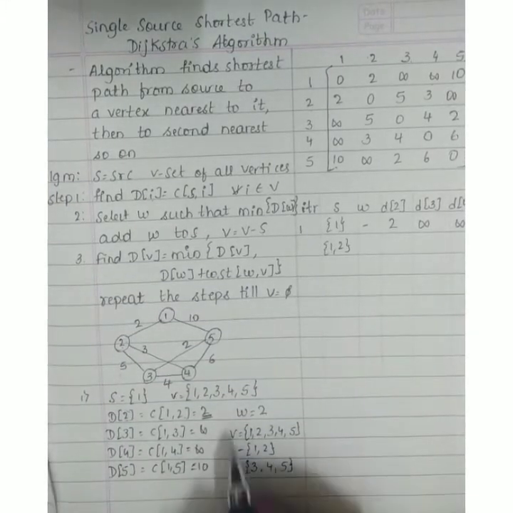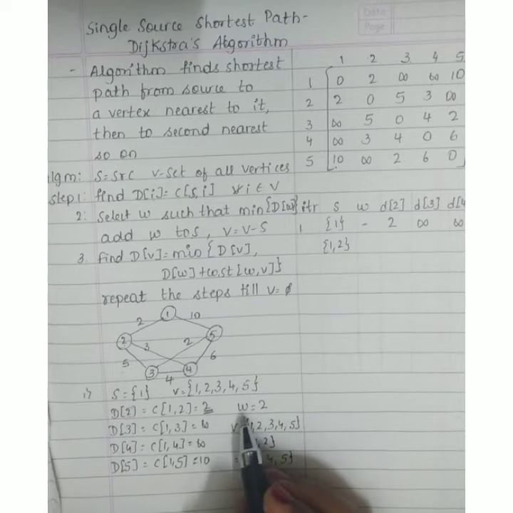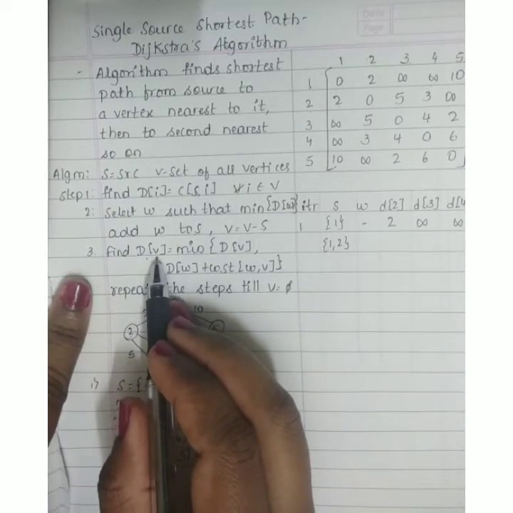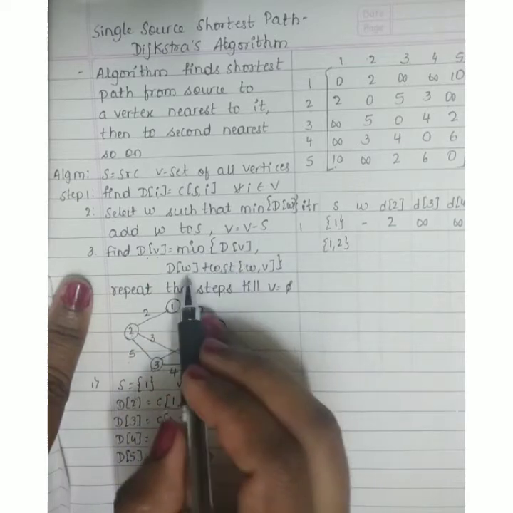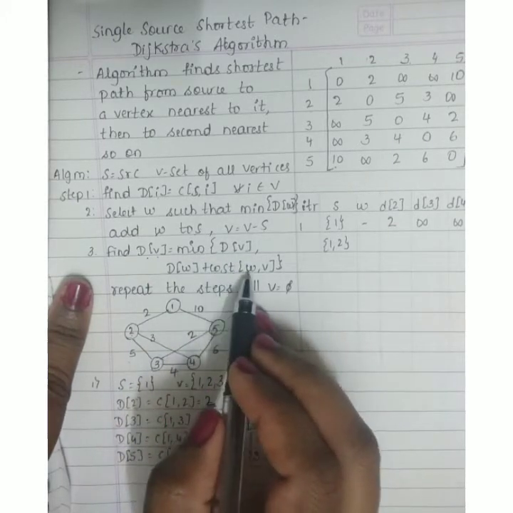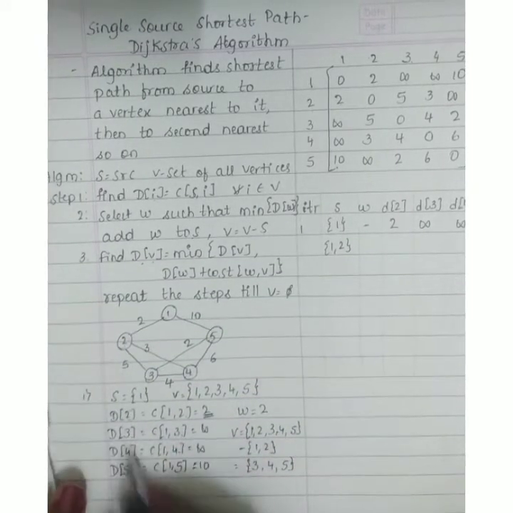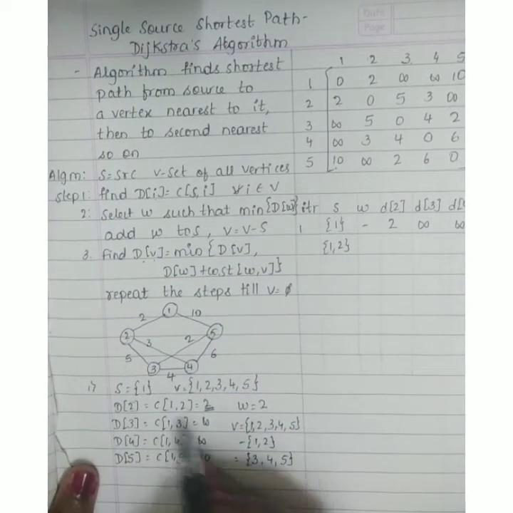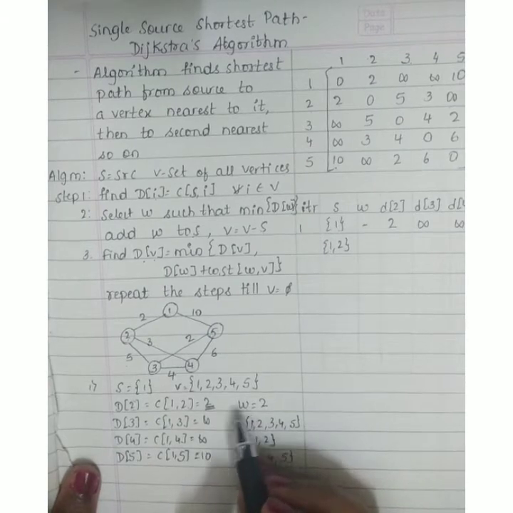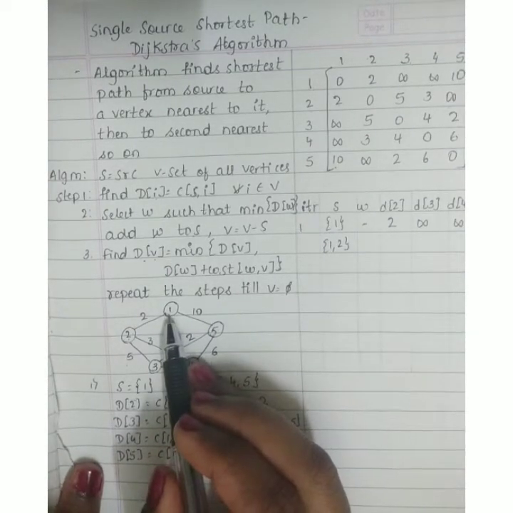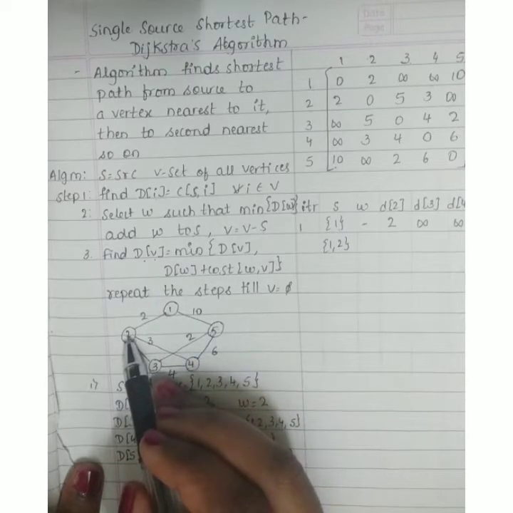Right? So now we have identified w. Next we need to find d_v, which is the minimum of d_v or d_w plus the cost from w to v. That means in this iteration we have found the nearest vertex from the source vertex 1.